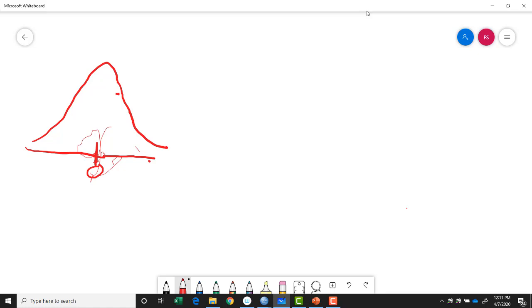Let's clear the canvas. So now we have this standard kind of distribution with a mean of 0 and a standard error of 1. So here we have, this is the 0 in the middle. And then we're going to have some sort of t statistic.